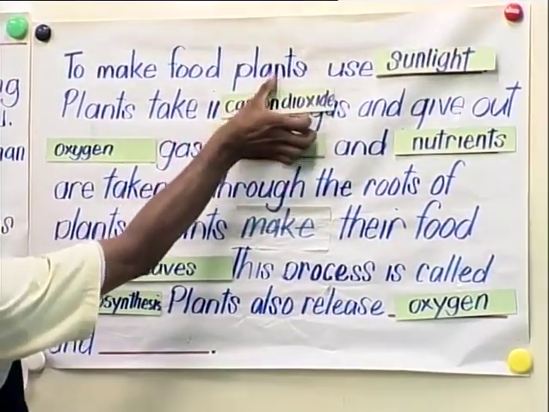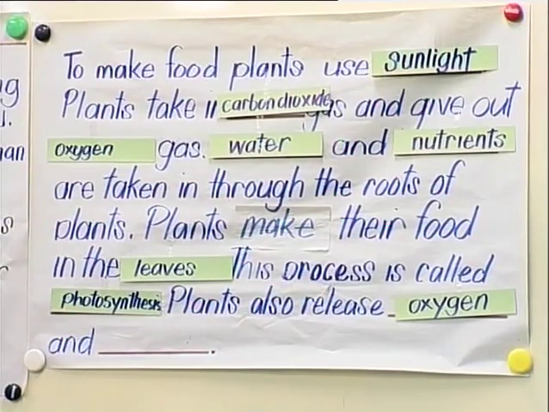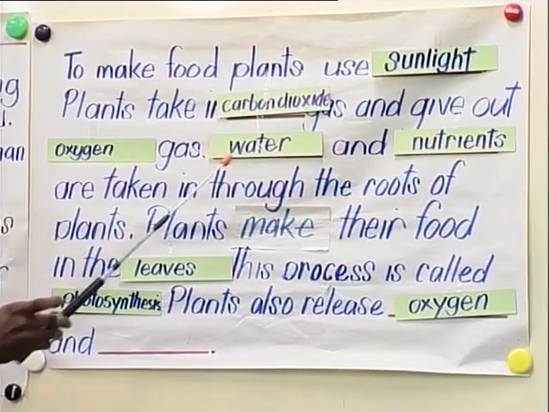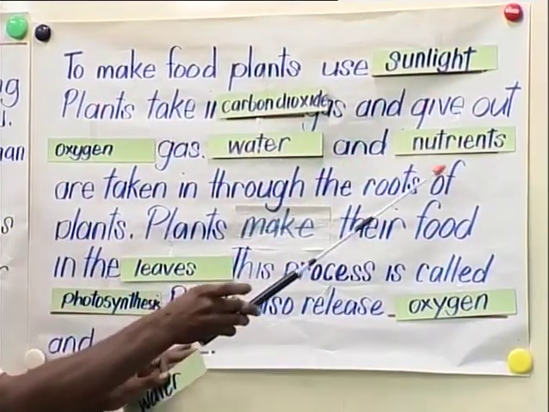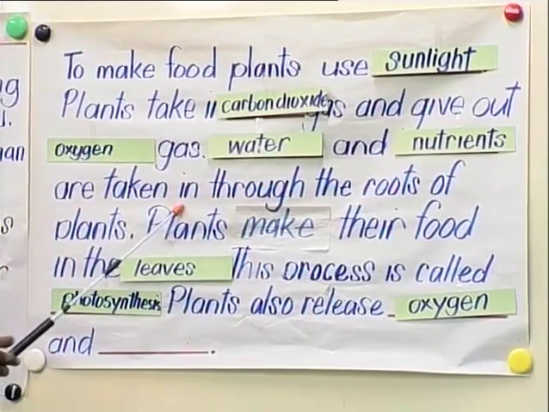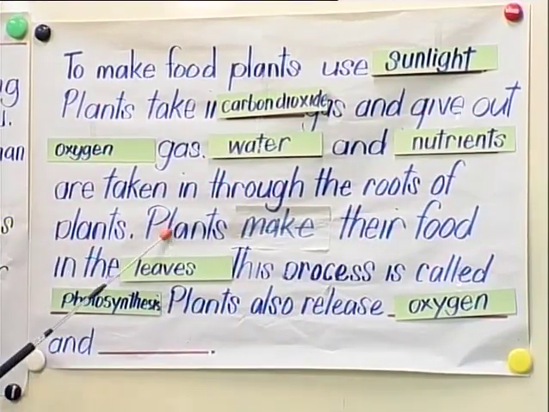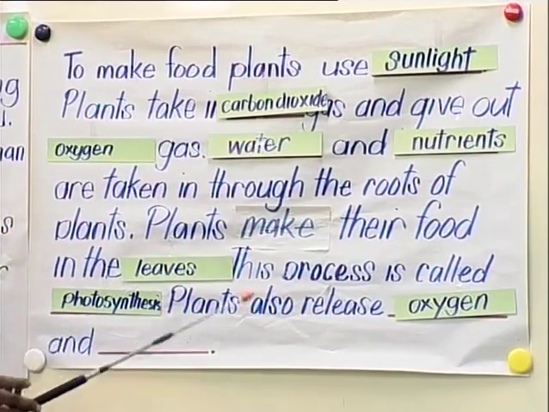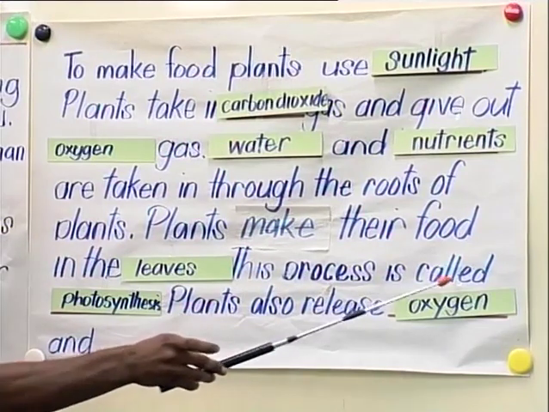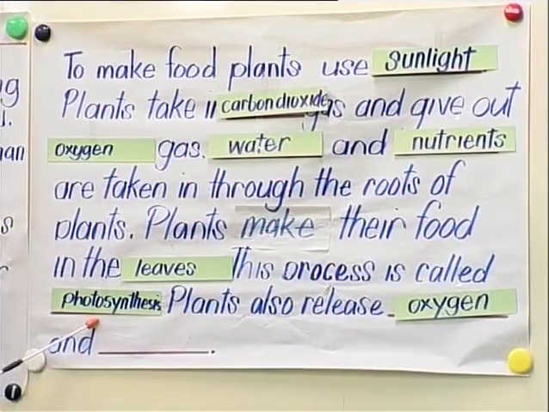Plants take in carbon dioxide gas and give out oxygen gas. Water and nutrients are taken in through the roots of plants. Plants make their food in the leaves. This process is called photosynthesis.